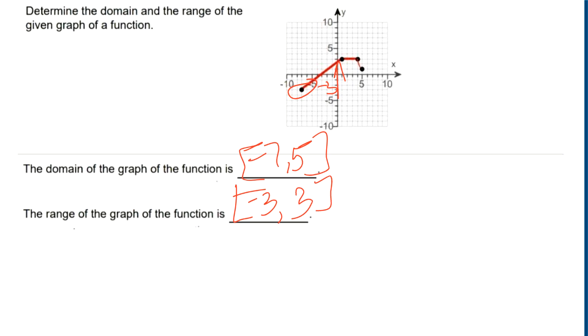Any questions on that one? So how I got -7? Because the domain is all of your x numbers, all the x's that you used to make this graph. So we always start on the left side. So the first x that we used, it looks to me, I don't know how it looks to you, it looks like -7. If I count 1, 2, 3, 4, 5, 6, 7, so -7.